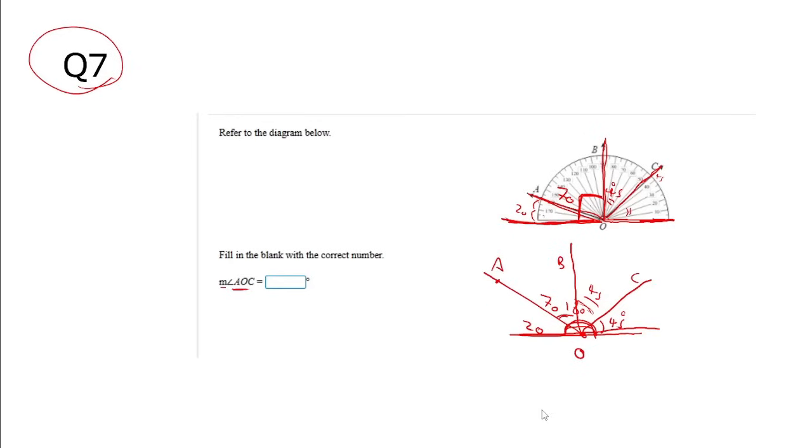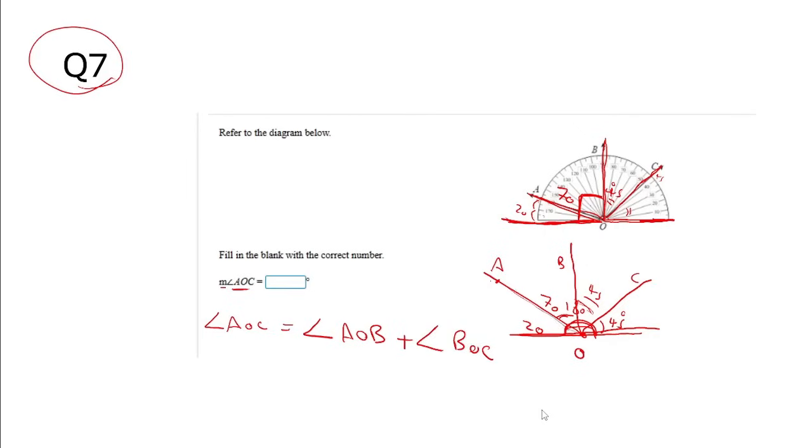And this is A. So angle AOC contains angle AOB plus angle BOC.